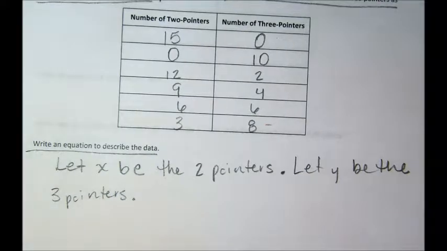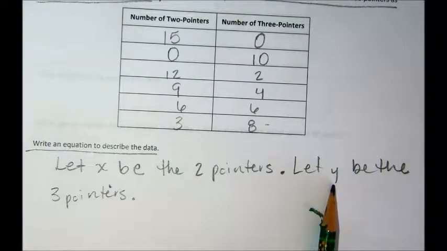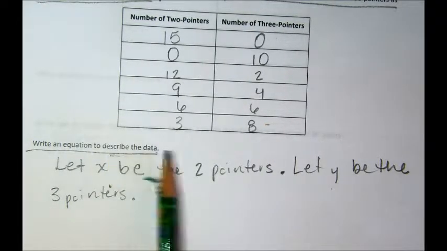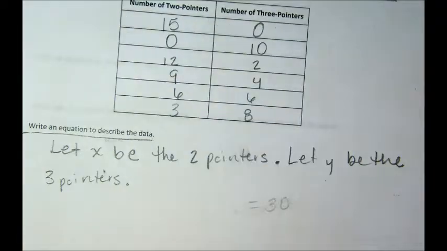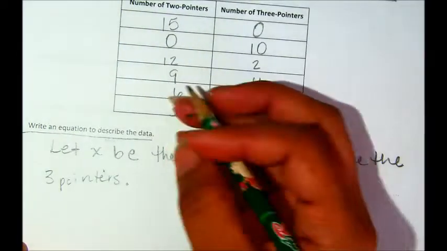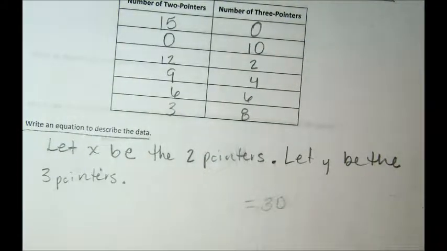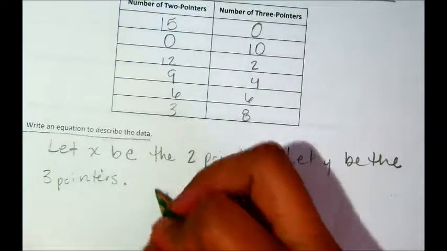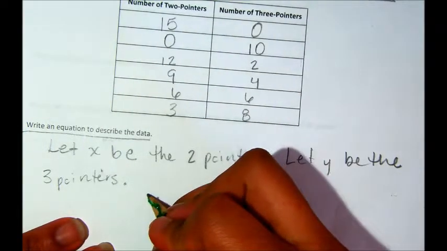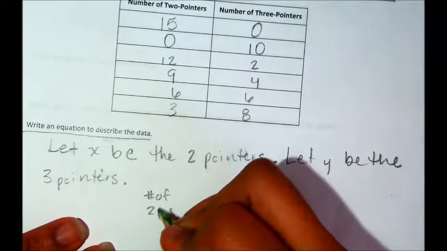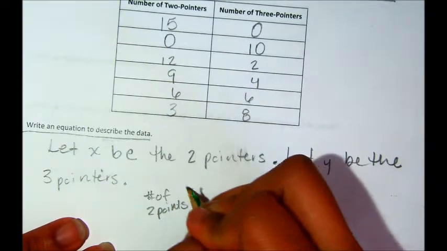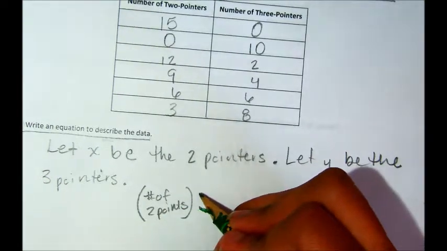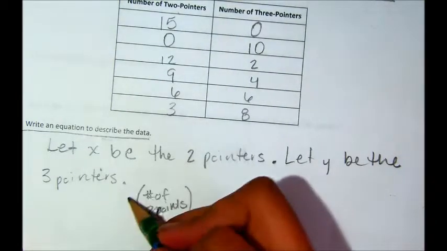How can I use the variable x and the variable y to write an equation that describes the data? I am going to start by using some words to describe the situation. I know that the number of 2 pointers has to always be multiplied by the number 2.